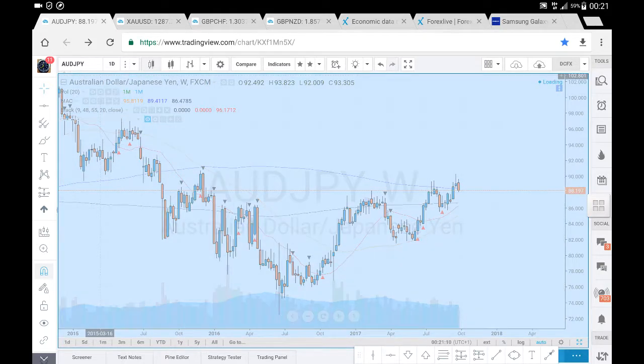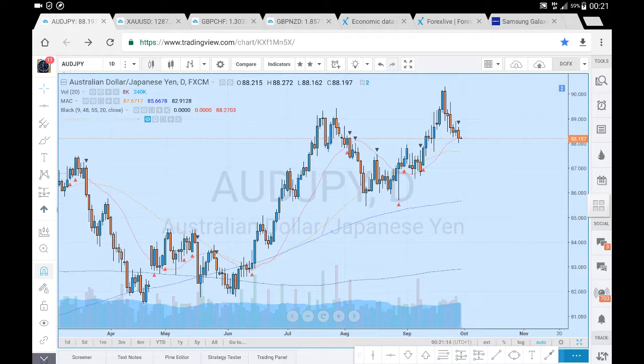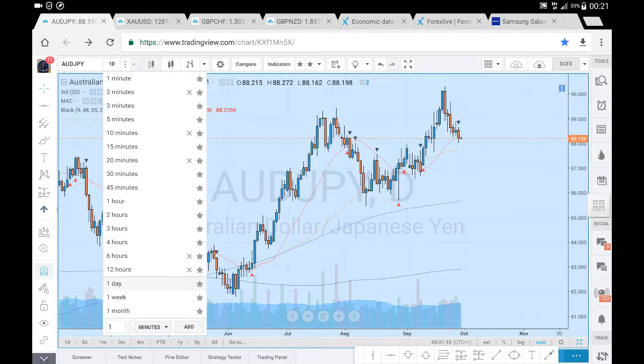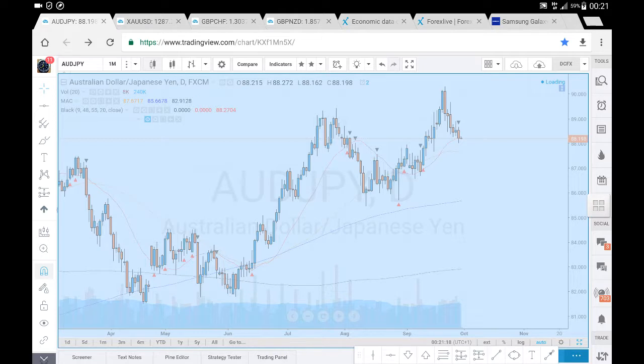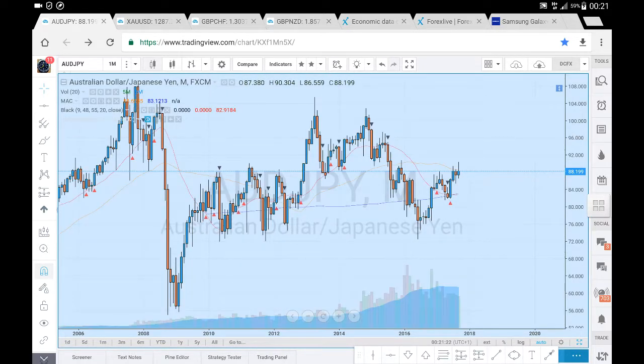And on the monthly time frame, we are currently trading above the month's open, but we've run straight into that 50 period moving average I mentioned a couple of minutes ago.